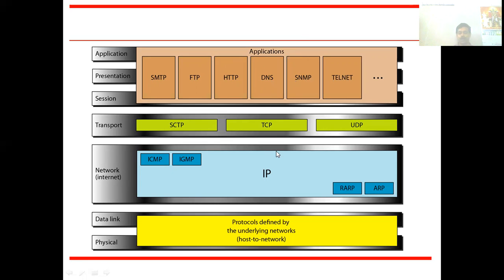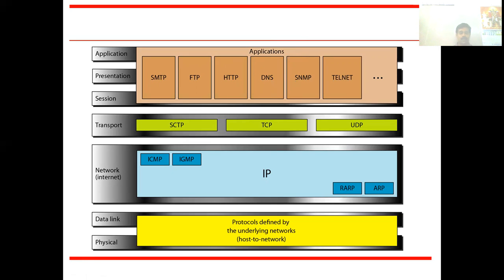Now, when you are coming to the host to network layer, in the host to network layer, no protocols are defined. You can use any standard protocols that are used by the underlying network.